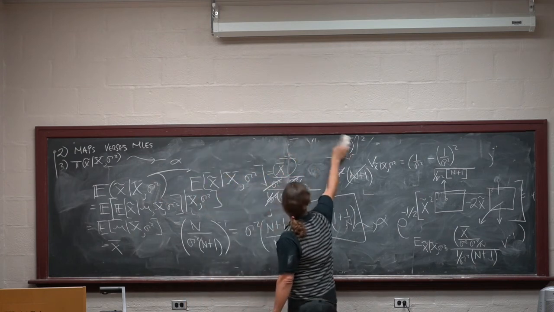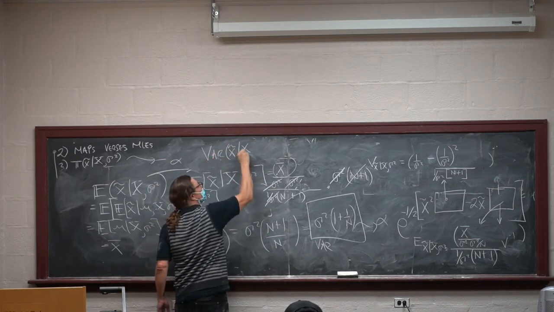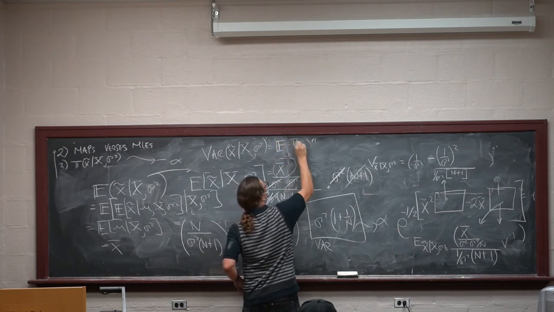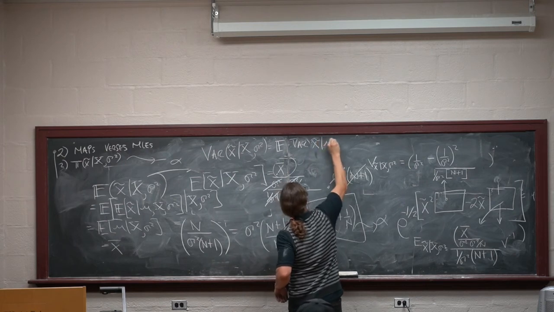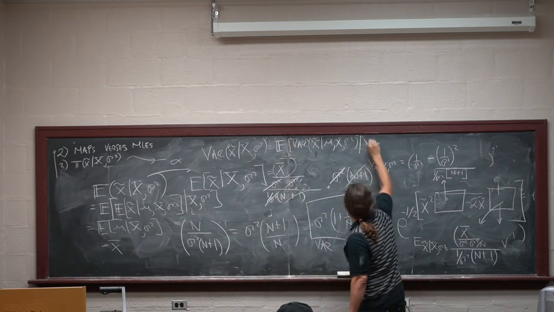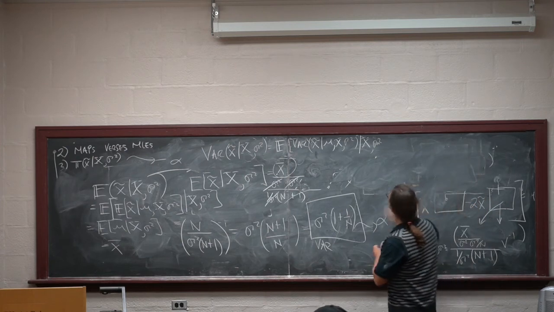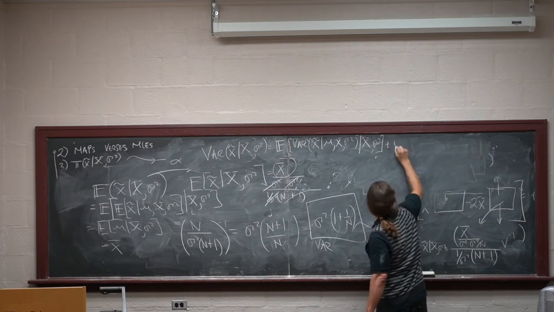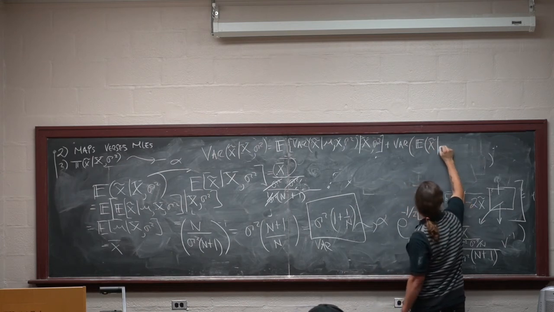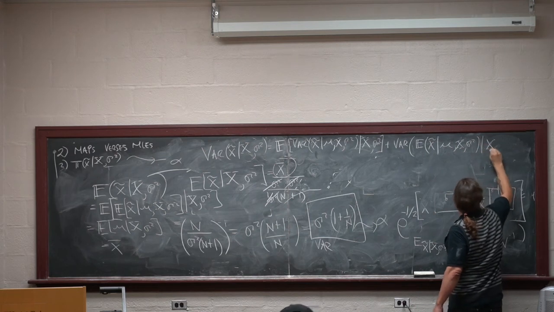I'll write it up here. The variance of x tilde given x, sigma squared is equal to the expectation of the variance of x tilde conditional on mu, my data, sigma squared, conditional on x, sigma squared, plus the variance of the expectation of x tilde given mu, x, sigma squared, given x, sigma squared.